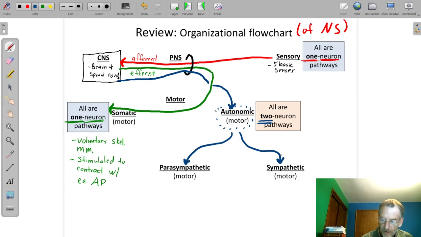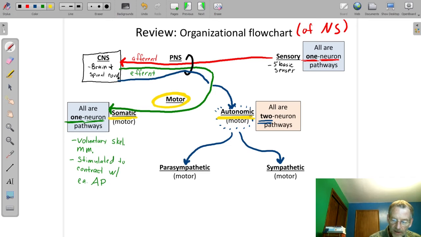So let's be pretty clear on what we're talking about with the autonomic nervous system. If we're talking autonomic, one thing that you should appreciate pretty quickly is that we're talking motor. So we have somatic motor and we have autonomic motor.